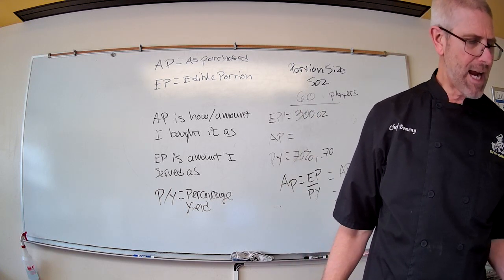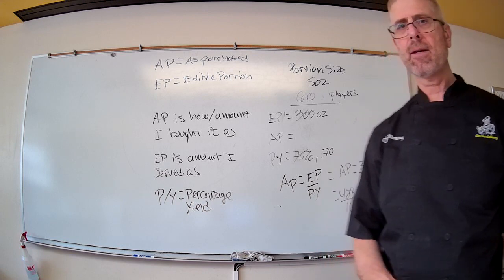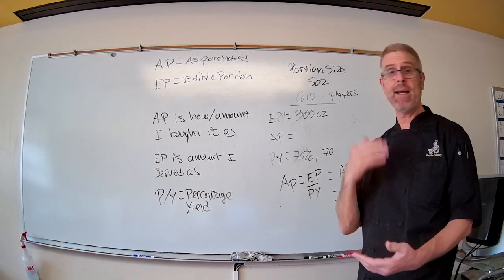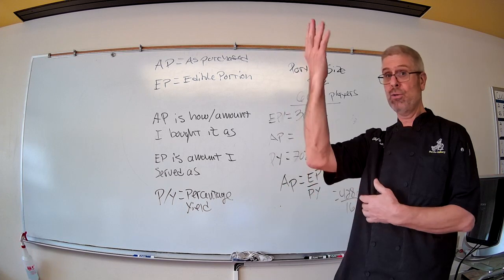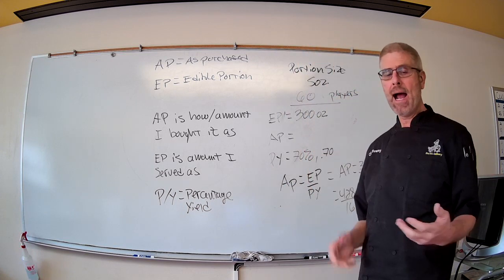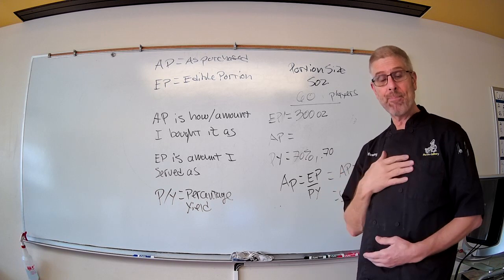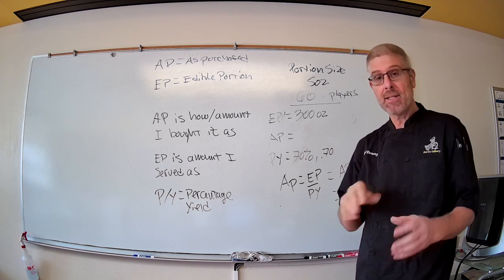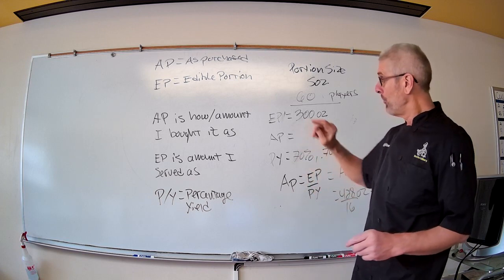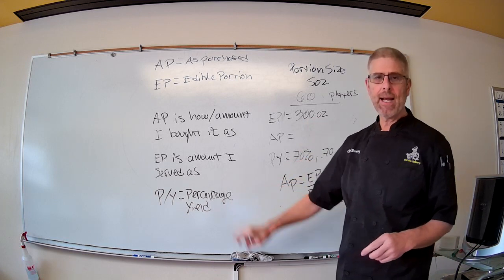Now that goes along with all kinds of different types of product, because we have weights. Let's say onions. I showed you yesterday or the day before how to cut an onion. Every time we buy onions in pounds, if I know how much weight I need of onions, I have to keep that percentage yield into play.